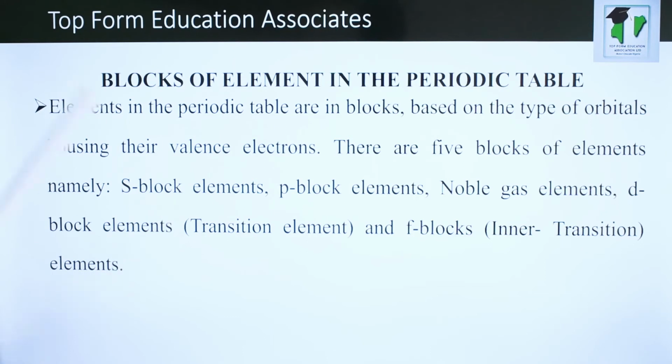Then the last block is the F block elements, which comprises the lanthanides and the actinides. So in summary, the blocks found in the periodic table are S block elements, P block elements, noble gases, D block elements, and F block elements. So there are 5 blocks in the periodic table.